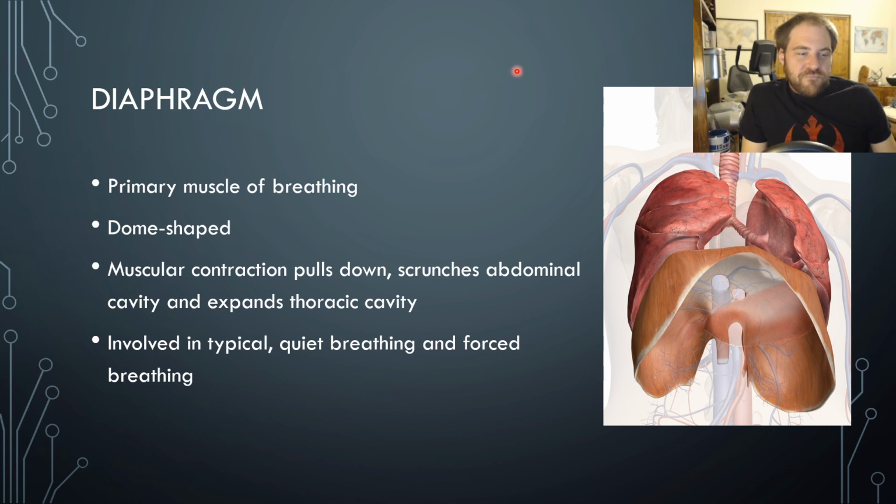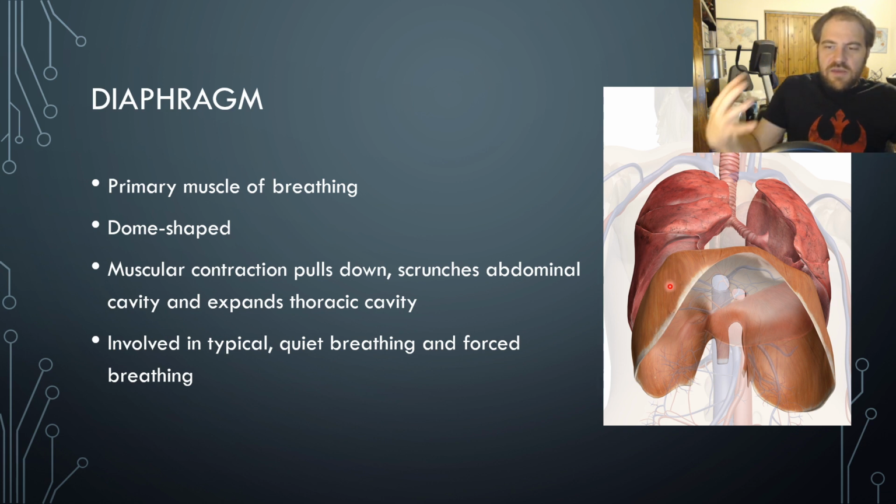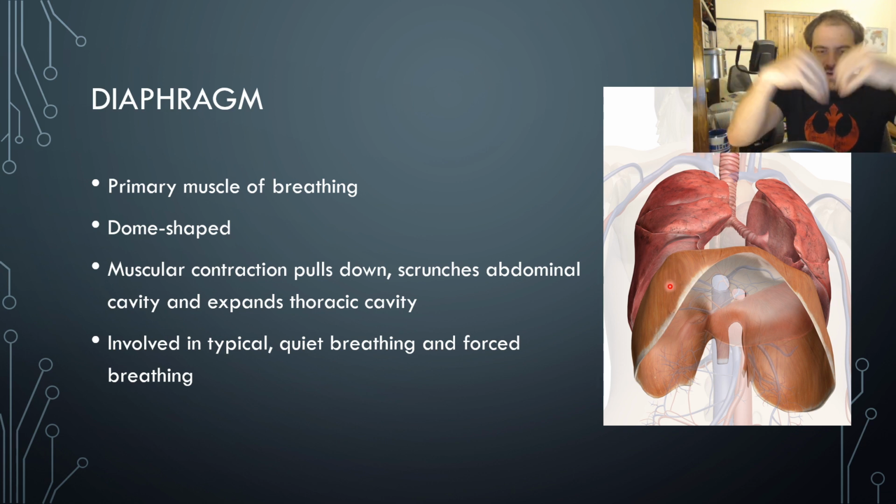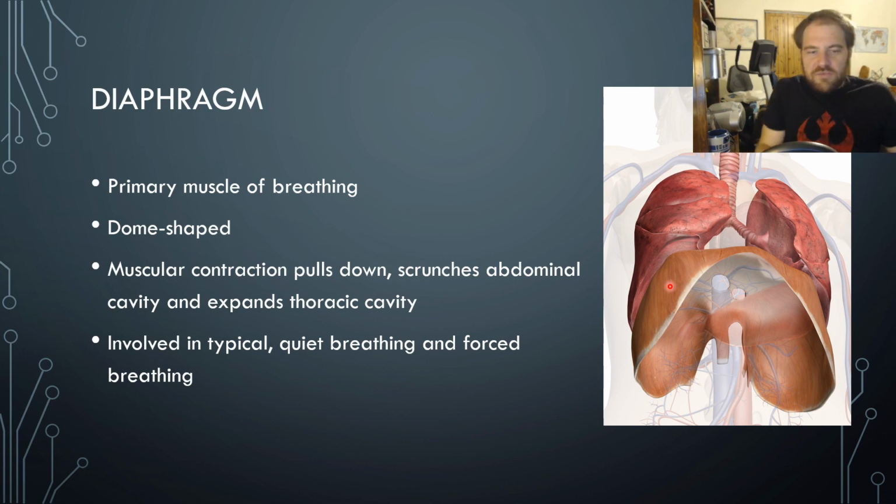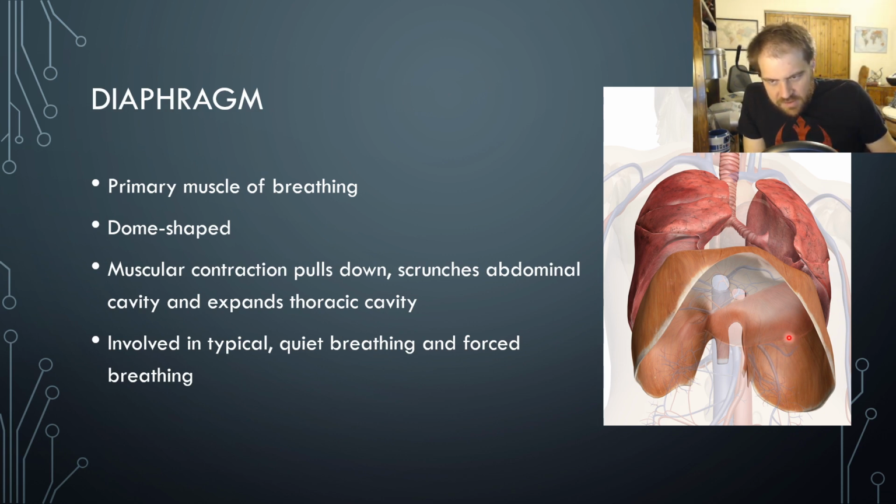Okay, so the diaphragm, primary muscle of breathing, and you can see its muscle fibers right here. You can see those little striations like I was talking about. They run from the outside to the center of the diaphragm. It kind of looks like a parachute, sort of, and it's located down here below the lungs.